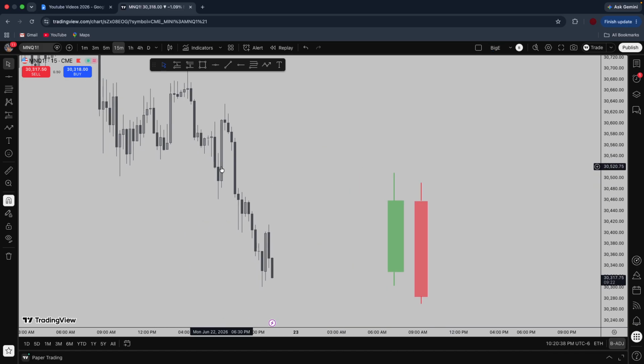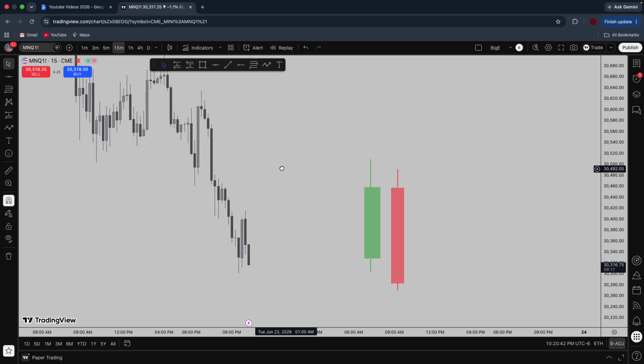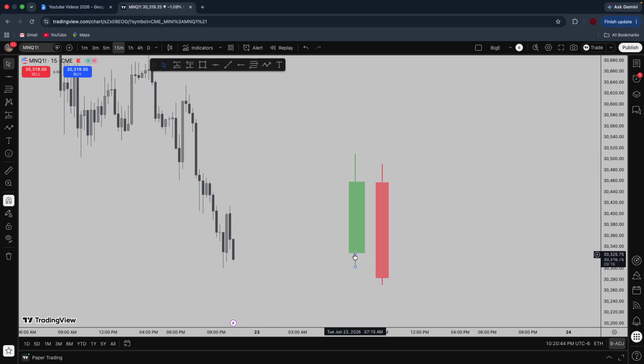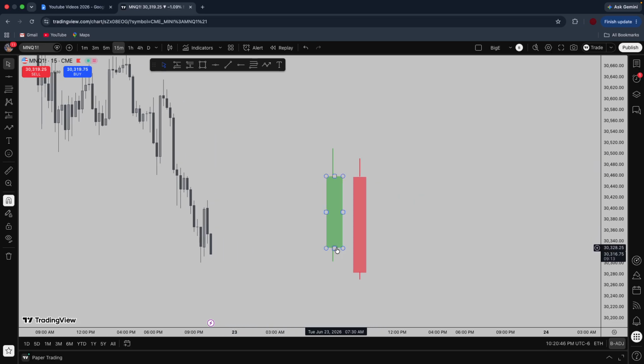If you look at my chart, my bullish candles are the gray ones and the bearish ones are the black ones. So when this candle was created, the opening was right here, and then maybe the candle dropped a little bit and then it pumped up. And this was the highest point that the candle got to, and then it dropped down a little bit and it closed right here.